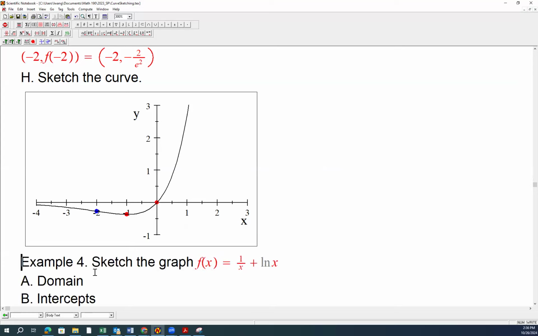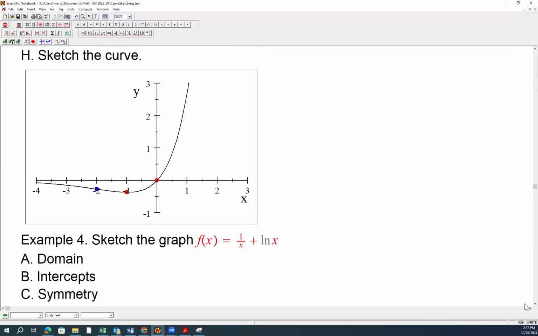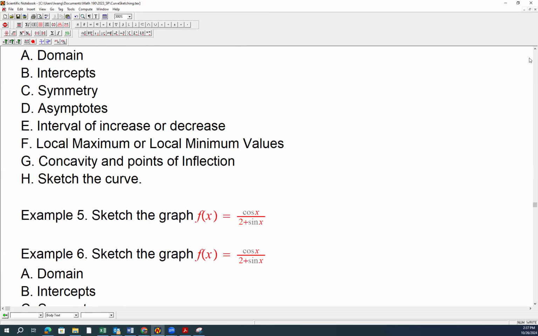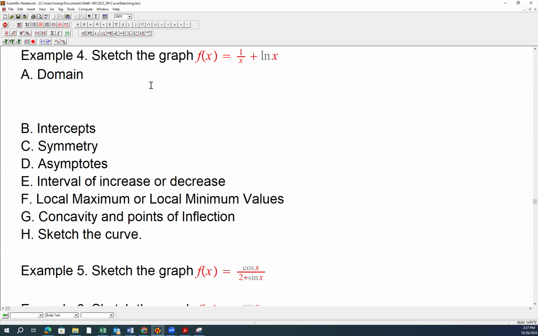We had two more recordings on this. In this recording, as I planned, we did an exponential, and now we're going to do a logarithm. So let's look at the logarithm. When a logarithm is involved, we need to be careful about the domain.